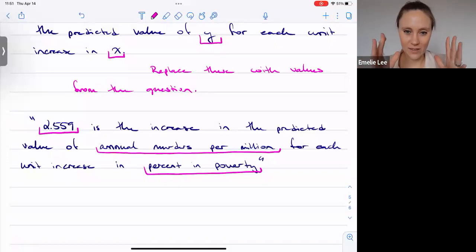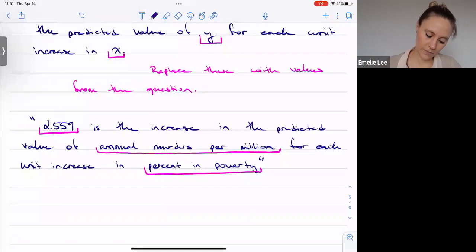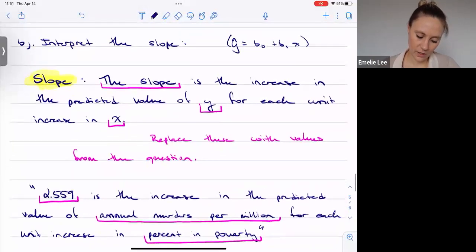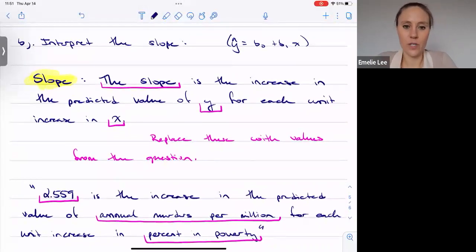Then you tweak it to match the question that we're working on. For you, because you will have access to all your notes and the textbook and all that fun stuff, it's just a matter of taking that definition and applying it to the question.